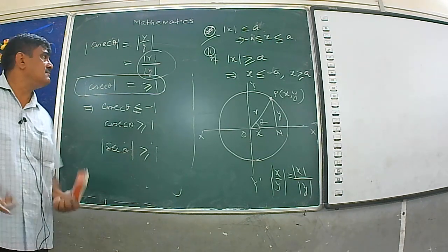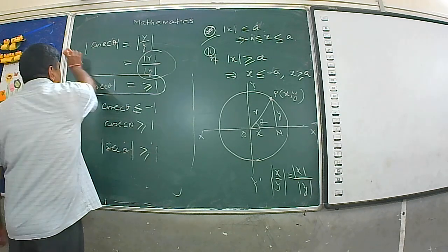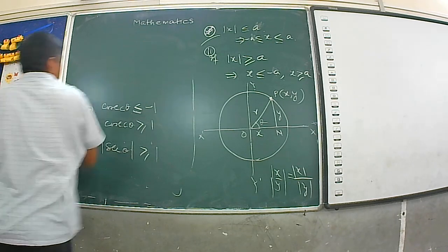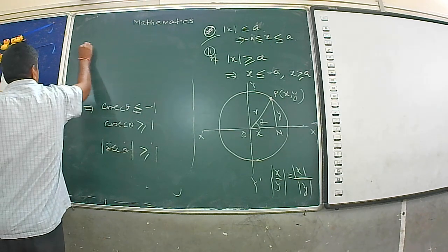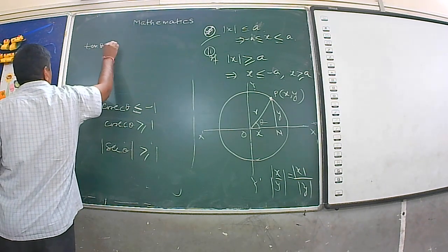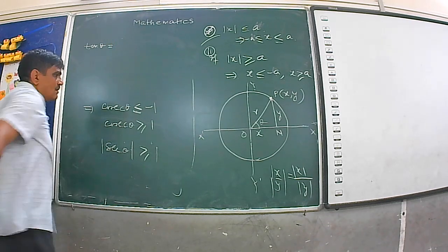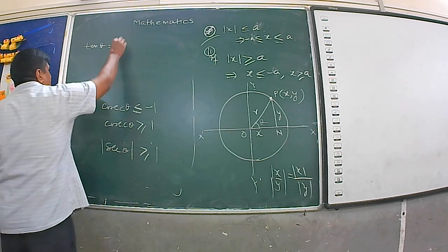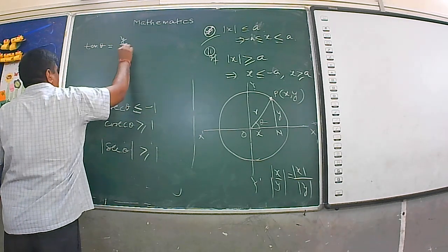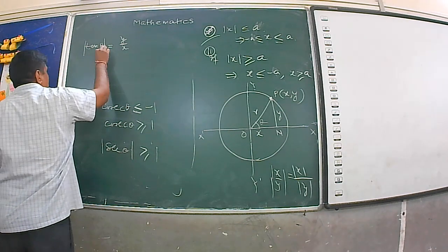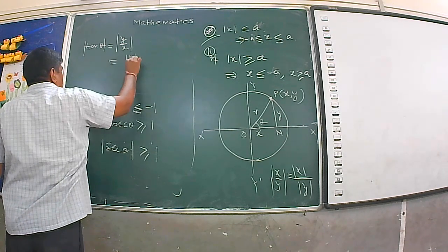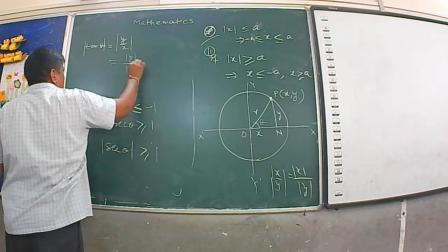Tan theta is equal to perpendicular by base, y by x. Magnitude of tan theta is magnitude of y by magnitude of x.